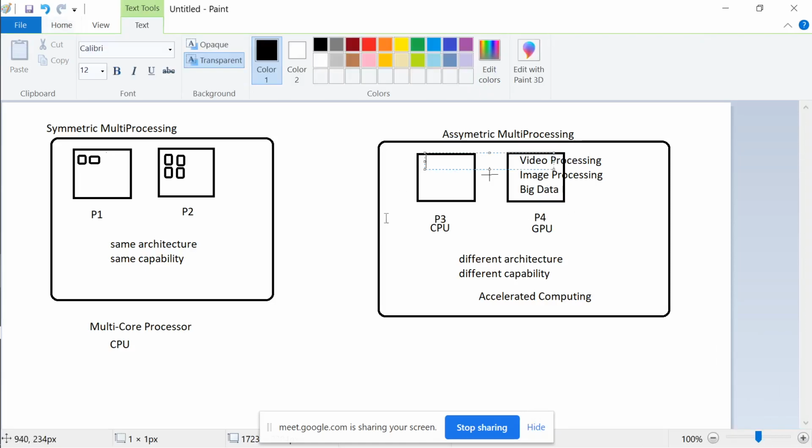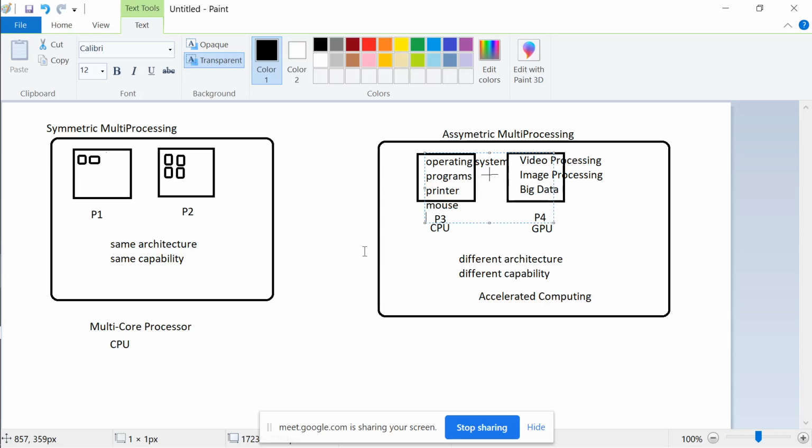Your CPU is meant to manage your work with your operating system, right? It is used to manage all your programs. It is used to deal with your printer, with your mouse.